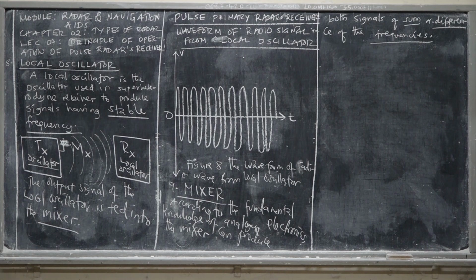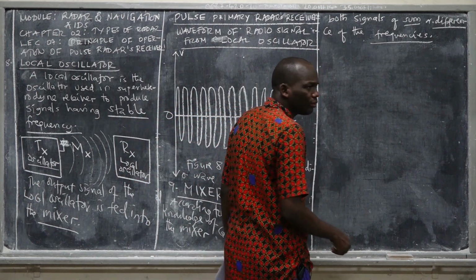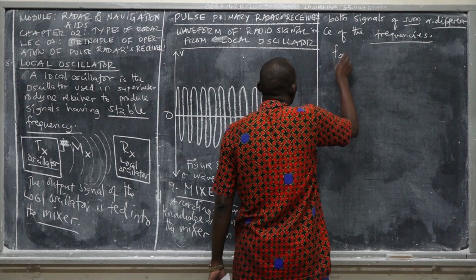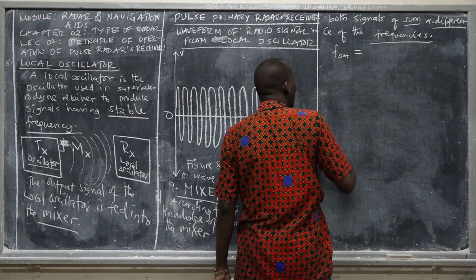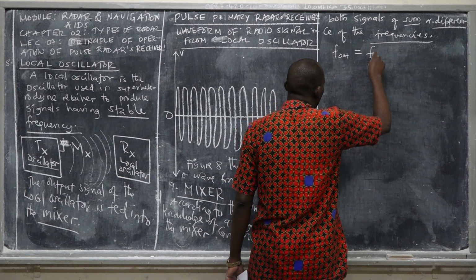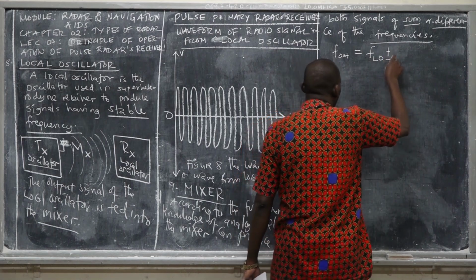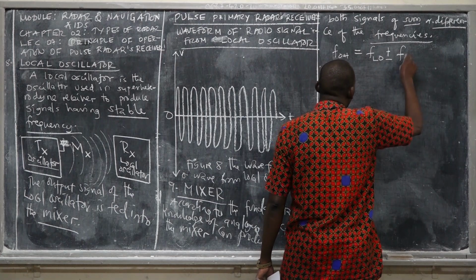When it is mixing, the output frequency from the mixer might be the frequency of the signal from the local oscillator plus or minus the frequency of the amplified echo.